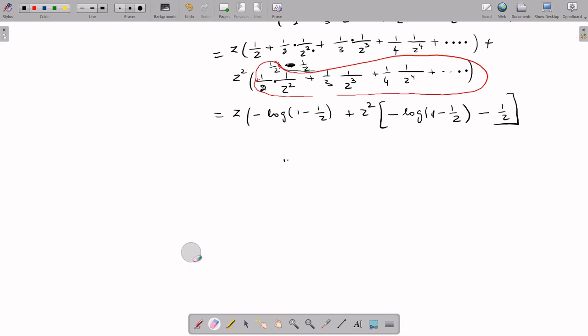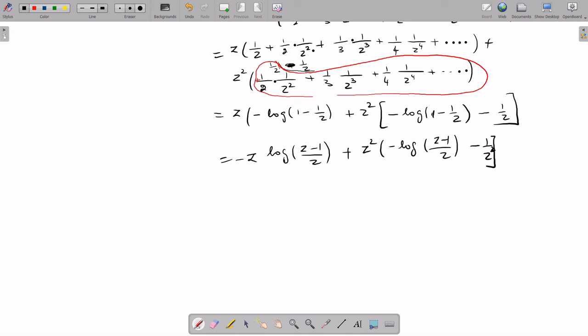Instead of this, you write this minus Z into log of 1 minus 1 by Z, and here plus Z squared into minus log of 1 minus 1 by Z minus 1 by Z. Minus 1 by Z you have to take it.